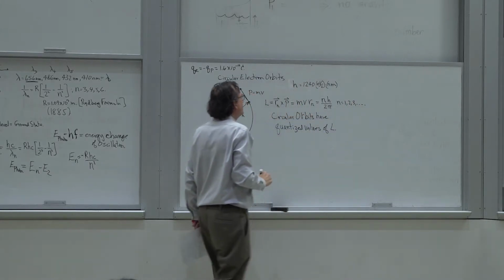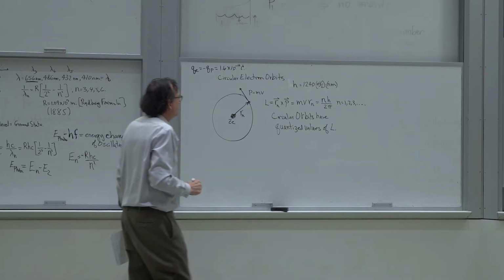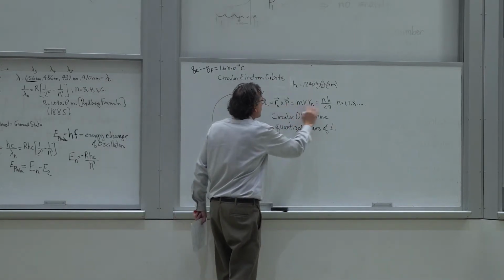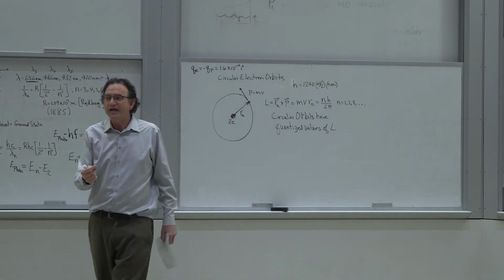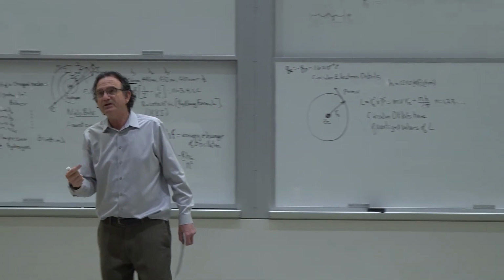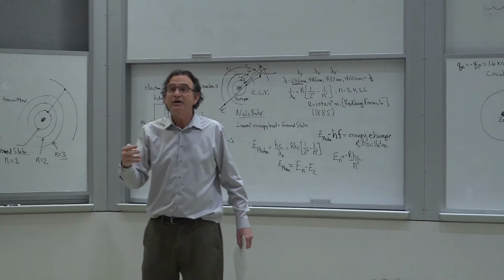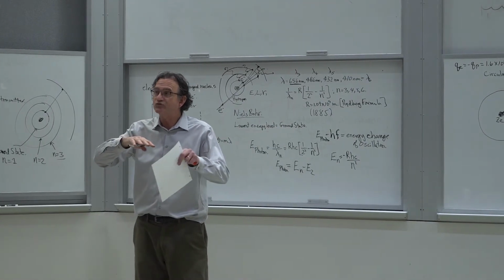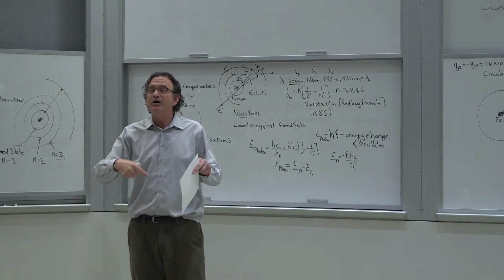N can be any value you want. Remember, n equals 1 to infinity, but the angular momentum is now quantized for the orbits. And they're quantized in units of h. H has units of angular momentum, so it makes sense that a multiple of h, or a multiple of h bar, would be a natural unit to quantize the angular momentum in the orbit.